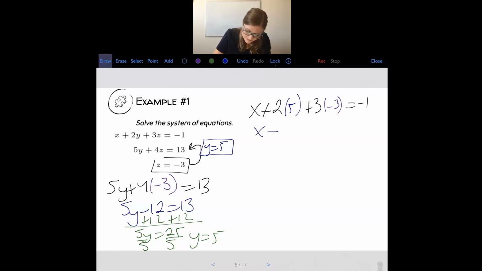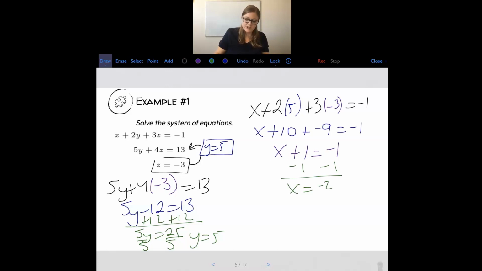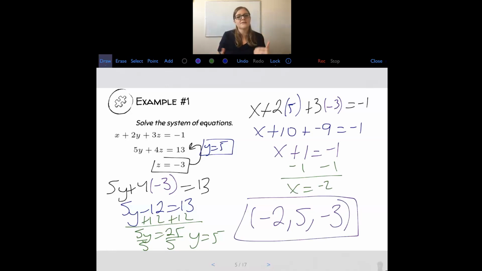So we have x plus 10 plus -9 equals -1. This gives us x plus 1 equals -1, and then we subtract 1 from both sides to get x is -2. So our solution here as an ordered triple would be -2 for x, 5 for y, and -3 for z. But see how this form was really helpful.